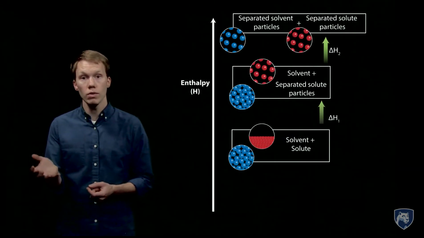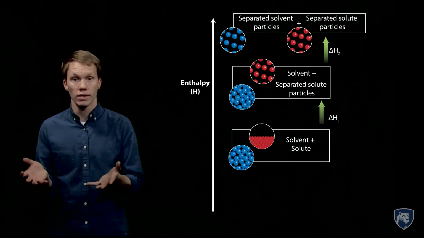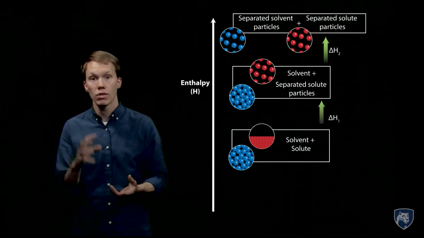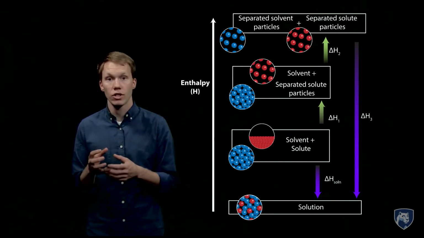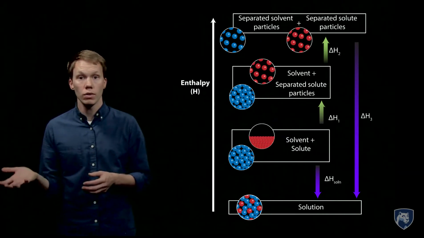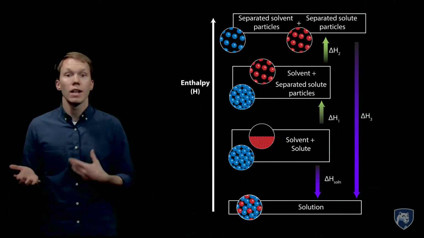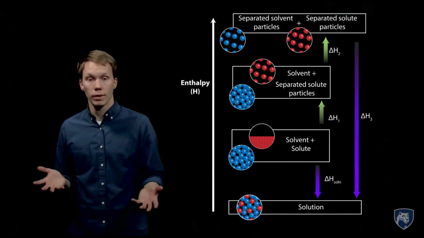Let's recap what happens on a molecular level when we mix a solute and a solvent. Remember that we have to break both the solute and solvent intermolecular forces and then form a solvent-solute interaction. And when that solvent-solute interaction is more favorable than the solute-solute or the solvent-solvent, that is when a solution will form favorably.